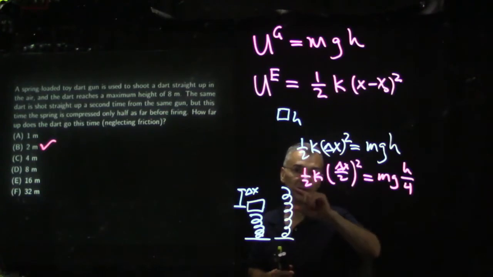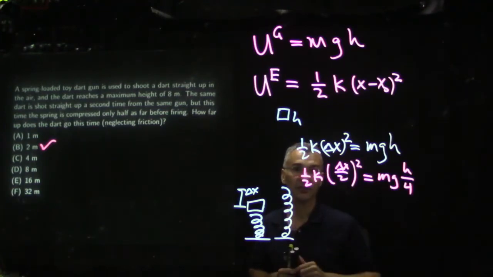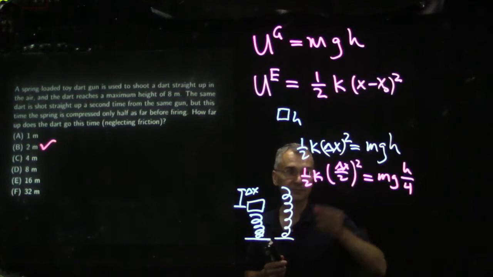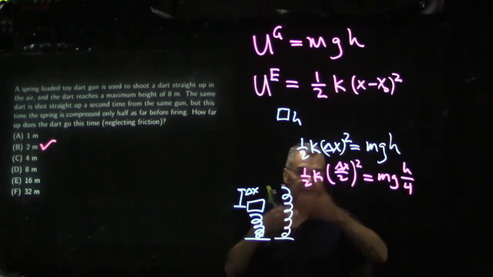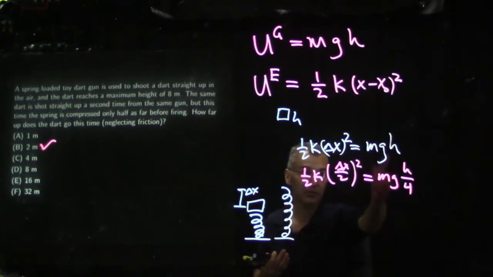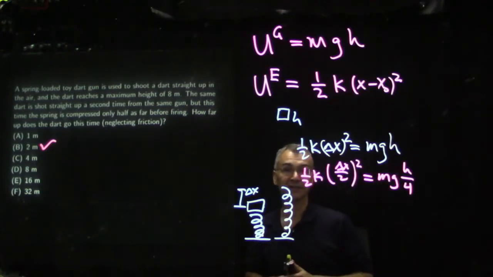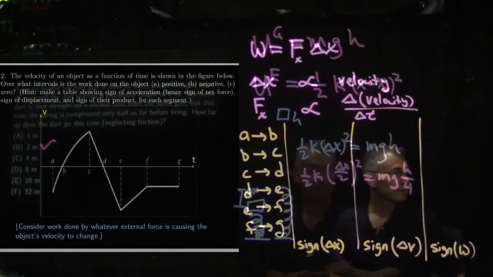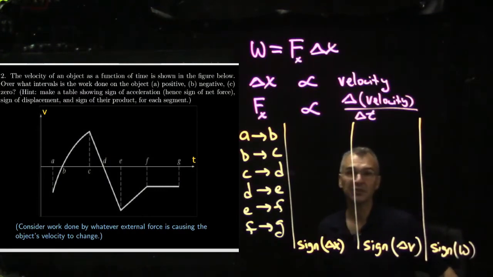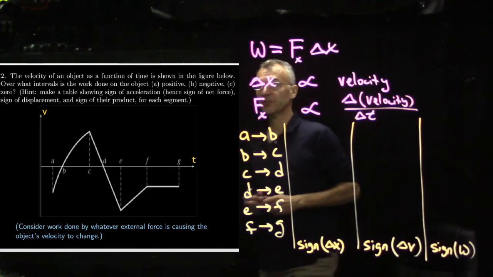So we compressed the spring 1/2 as far as we originally did. The result is that we get only 1/4 as much spring energy stored, which will be converted into 1/4 as much gravitational potential energy, which means 1/4 the height. Isn't that tricky?